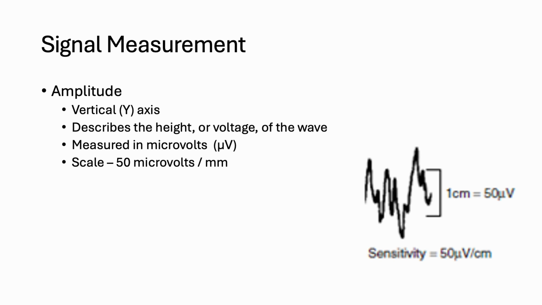So if a pin deflected 4 millimeters, the voltage coming from the patient would be about 200 microvolts. And that is a standard for polysomnography. We refer to it occasionally as sensitivity, and we'll talk about that a little later.